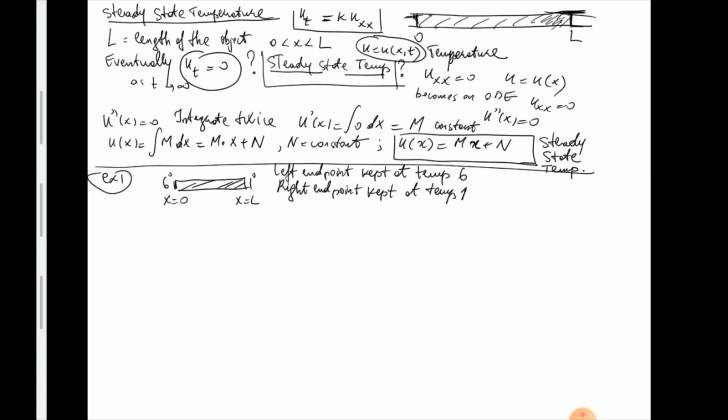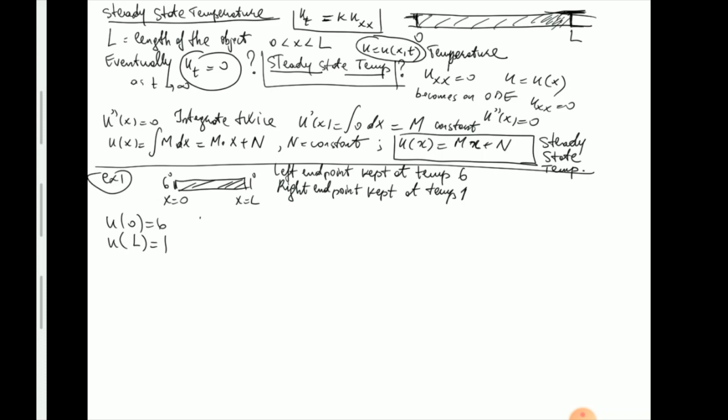So in that case, we have to find the constants m and n, right? Therefore the conditions are u of 0 equals 6 and u of L equals 1.